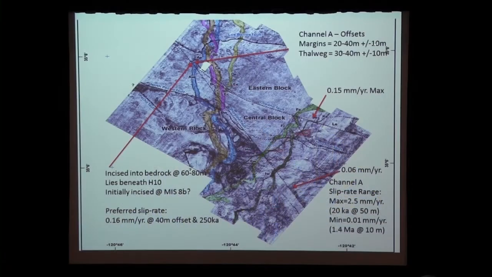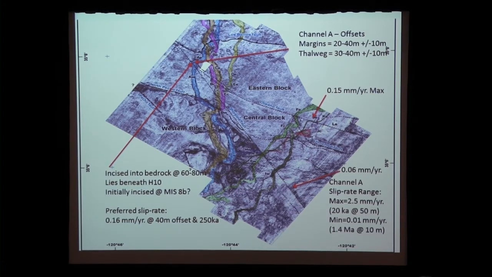So first of all, as I mentioned earlier, channel A is offset, with margins at 20 to 40 meters plus or minus 10 meters, Talweg 30 to 40 meters plus or minus 10 meters. I think we've got that fairly well constrained. That means that these things were incised into bedrock at somewhere between 60 to 80 meters along this stretch.